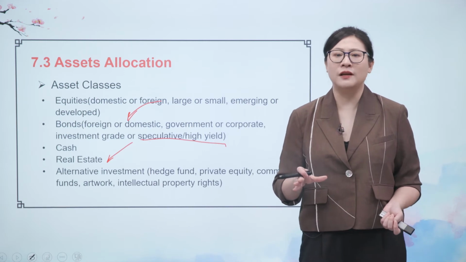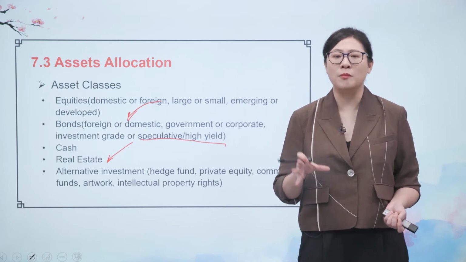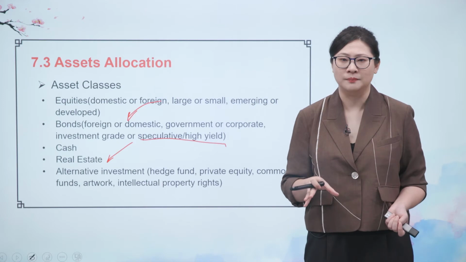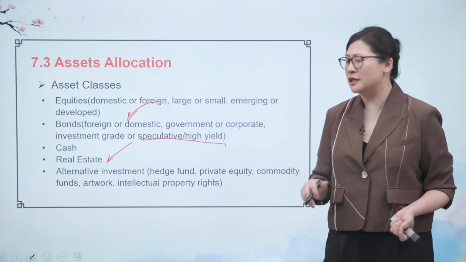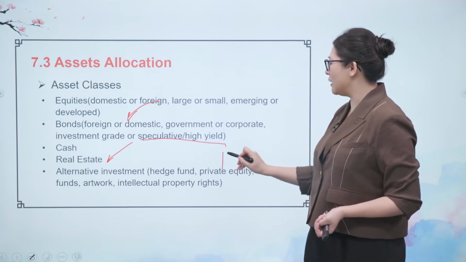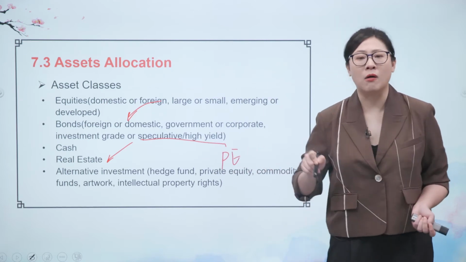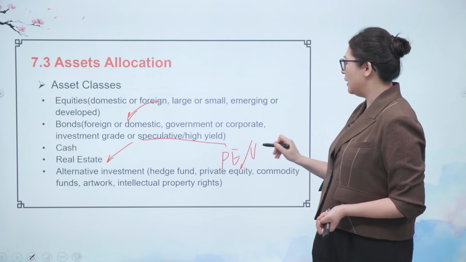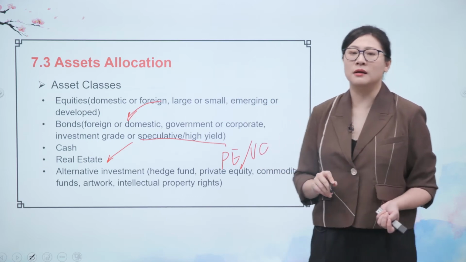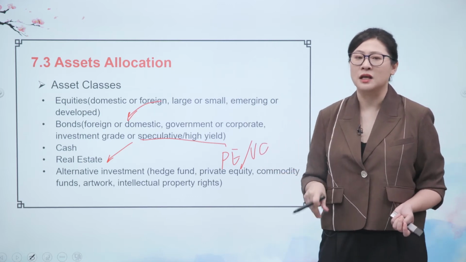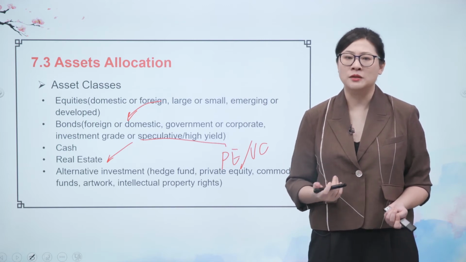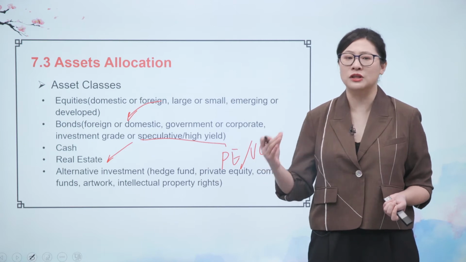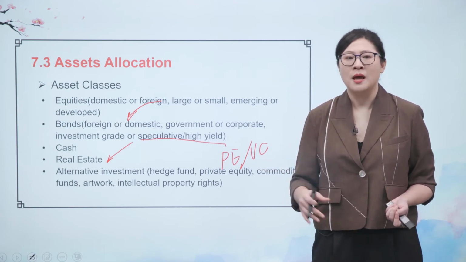Alternative investment has become very popular only in recent years. It includes hedge funds and private equity. Private equity is PE, or we can have VC, venture capital, and also commodity funds, artwork, intellectual property rights, etc. All of these are included in alternative investment.